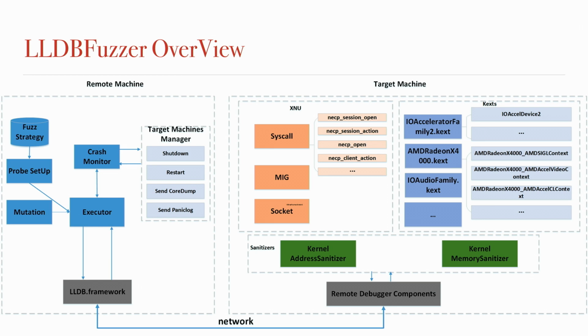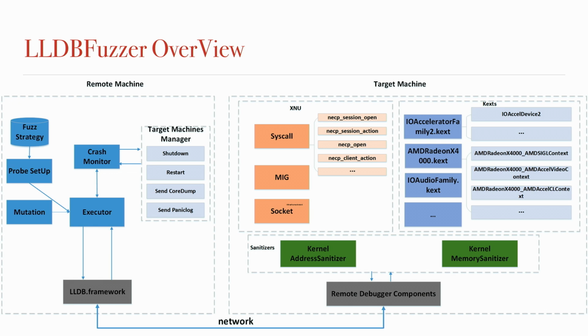So as the main module, we can see that the probe setup module will query the fuzz strategy, which contains all the attack surfaces we collected from, for example, the XNU kernel or the target kernel extension, and set them in Python for the executor to deploy our probe point to the target machine.